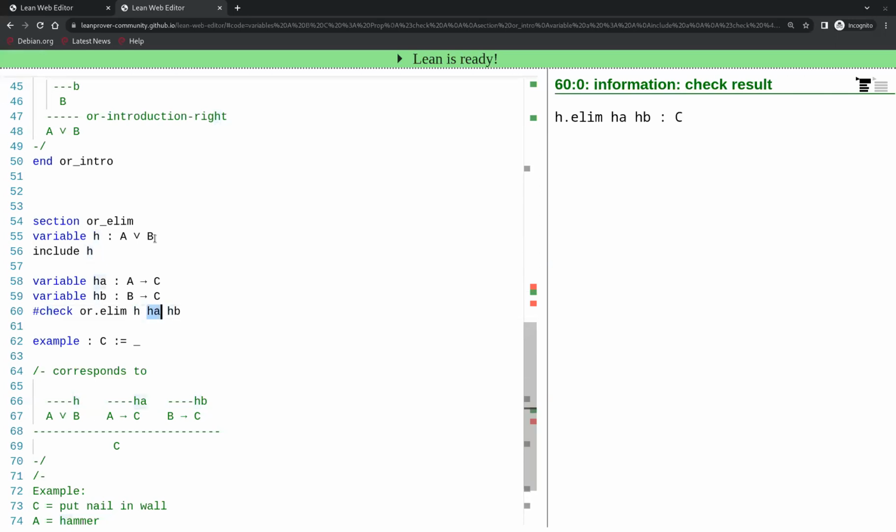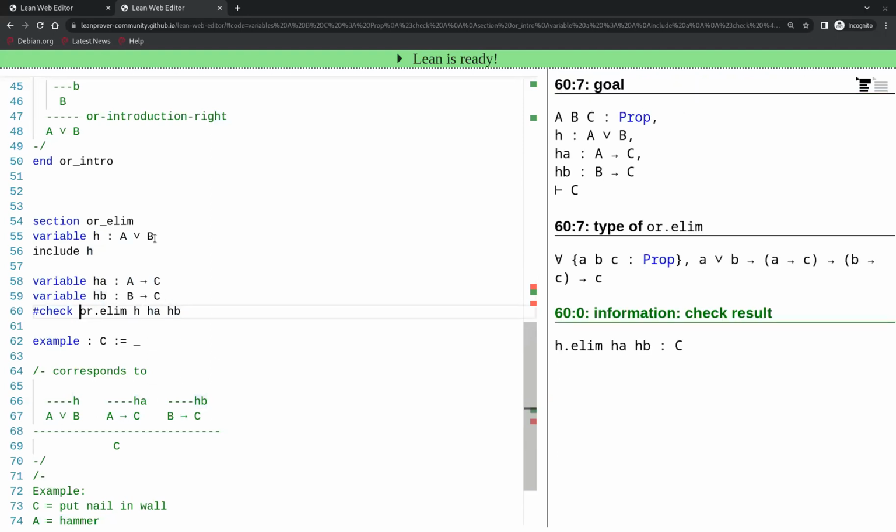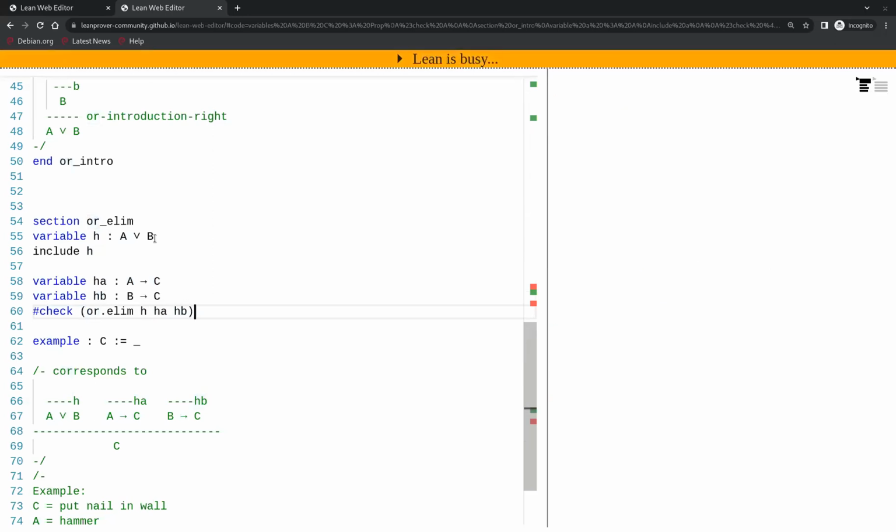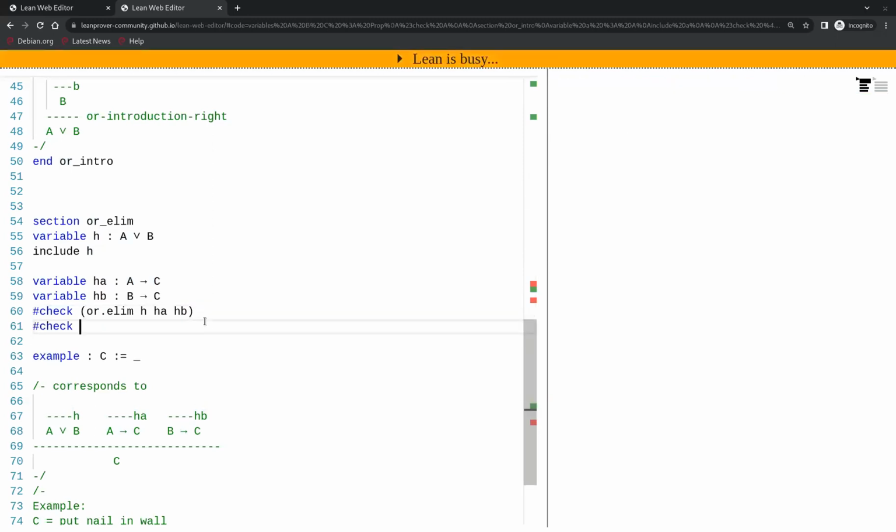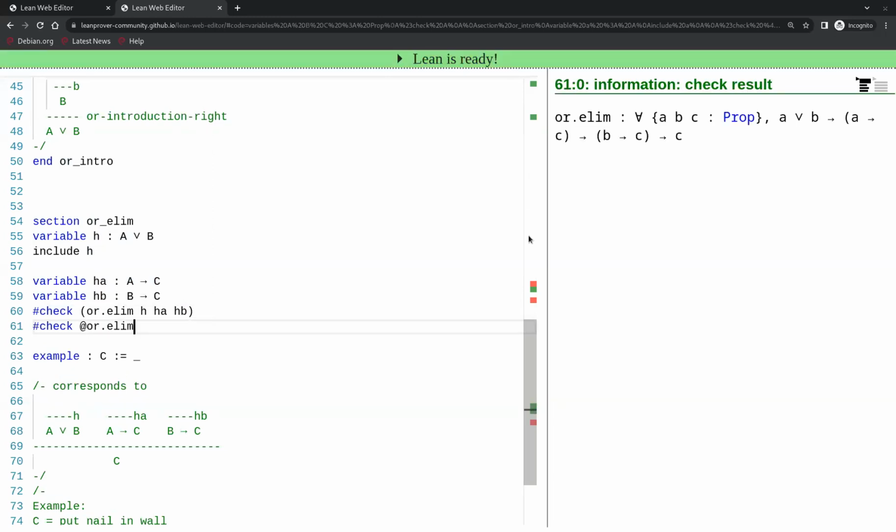The second argument is a proof of the fact that A implies C. And the third argument is a proof that B implies C. And then this whole expression, that we can put in parentheses to make it clear, is of type C. So looking at it in more detail, Or.elim is a constant that allows us to prove C given several inputs.